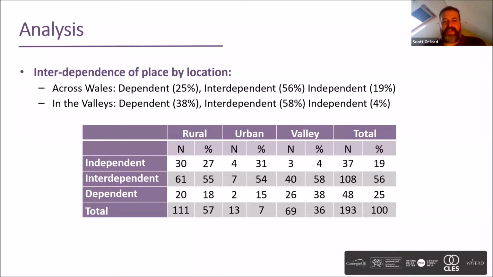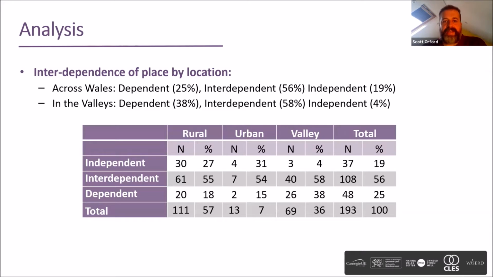We broke this down by a very basic classification of unitary authority, rural, urban, and valley, which is a classification which the Welsh Government uses. And we can see from this breakdown straight away that the valleys are quite different from the other 2 classifications and the whole of Wales.